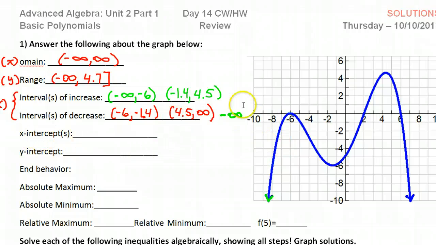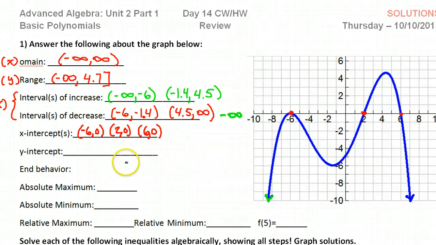Now x-intercepts. Obviously x-intercepts are x values. So I have an x-intercept here, and here, and here. There are 3 x-intercepts. X-intercepts are ordered pairs, so we will say -6, 0, and 2, 0, and 6, 0.